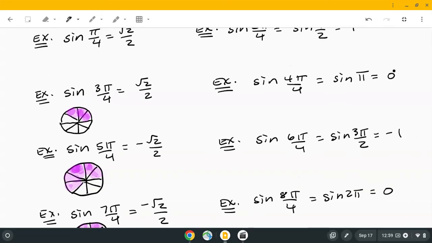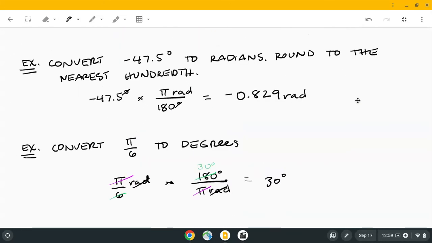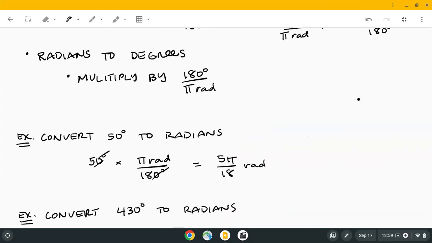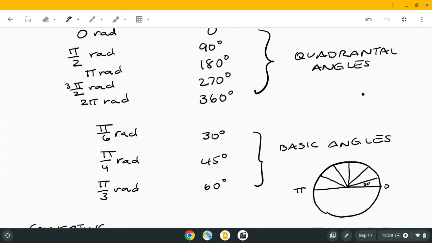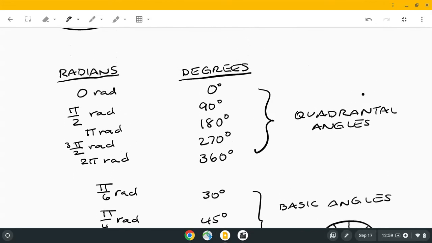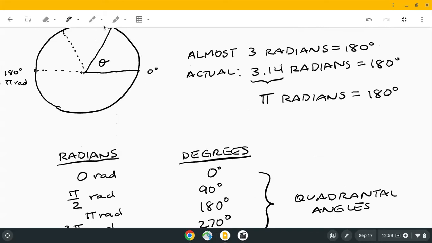So hopefully you have that down, that pi is 180, 3 pi over 2 is 270, and 2 pi is 360. That was from the previous notes, from the first video, when we started looking at it here. That's pi.